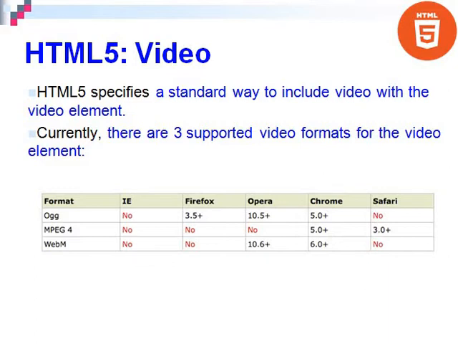Currently, there are 3 supported video formats for the video element. So using HTML5, video can be included in a web page using HTML tags, and it supports these 3 video formats: OGG, MPEG-4, WebM. The table presented here shows which browsers support the different file formats.